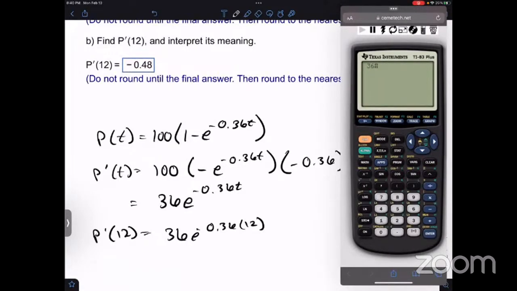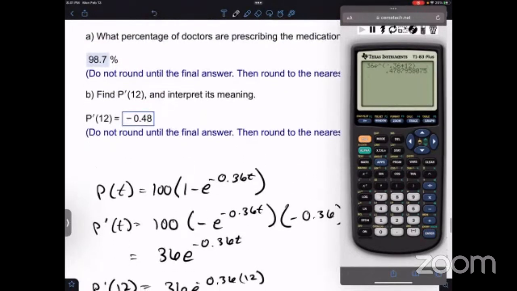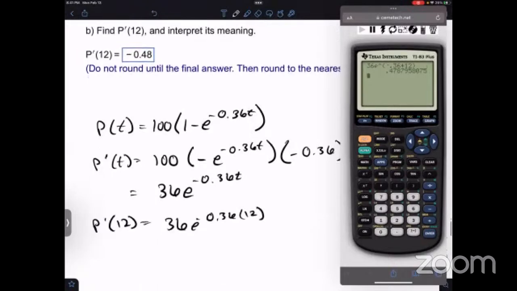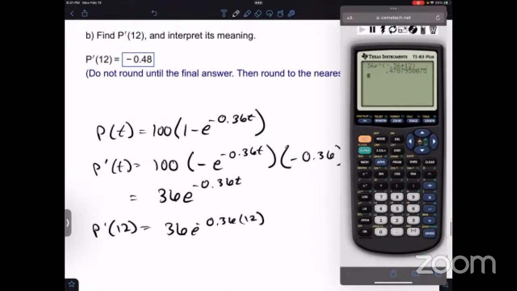Okay. Let's see. It says to round to the nearest tenth, right? So that's one decimal place. So it looks like it's positive 0.5. Okay, let's copy for the Pearson for that one. So that one is 24.35.